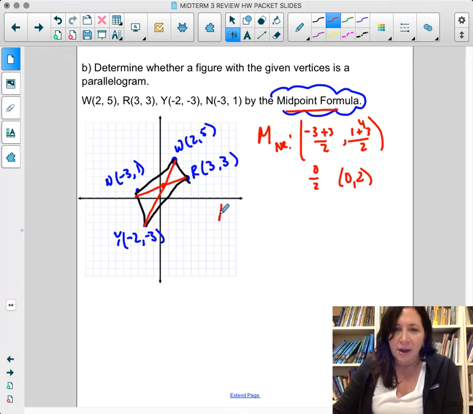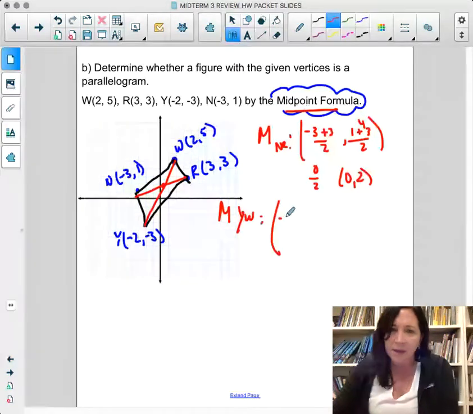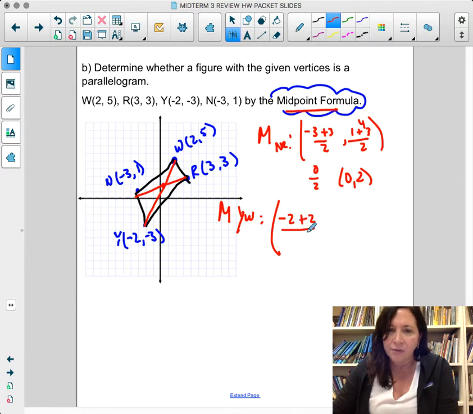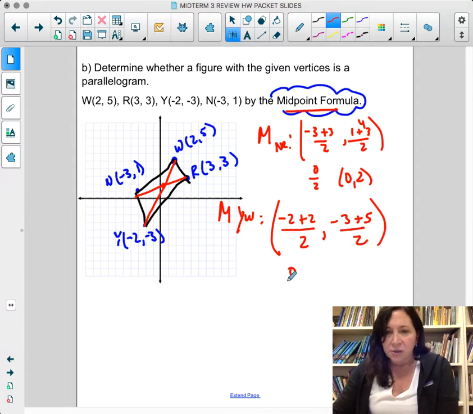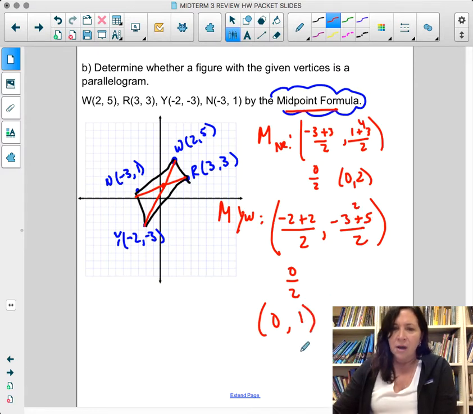Okay, so I'm trying to find the midpoint of YW. In order to find it, I'm going to add my x's up: negative 2 plus 2 divided by 2, and negative 3 plus 5 divided by 2. So that's 0 divided by 2, which is 0. And negative 3 plus 5 is 2, and 2 divided by 2 is 1. Uh-oh.